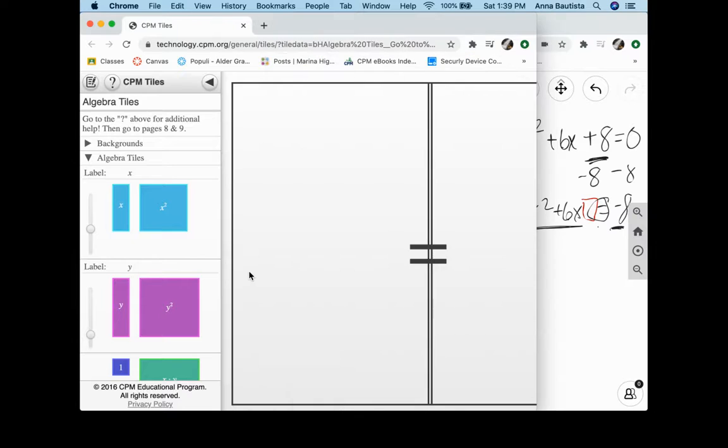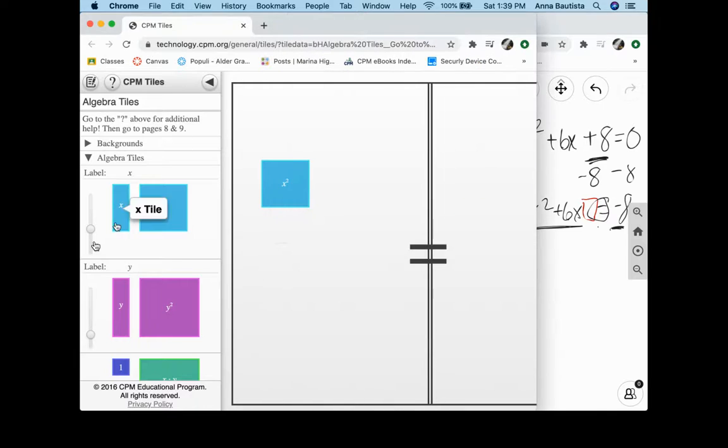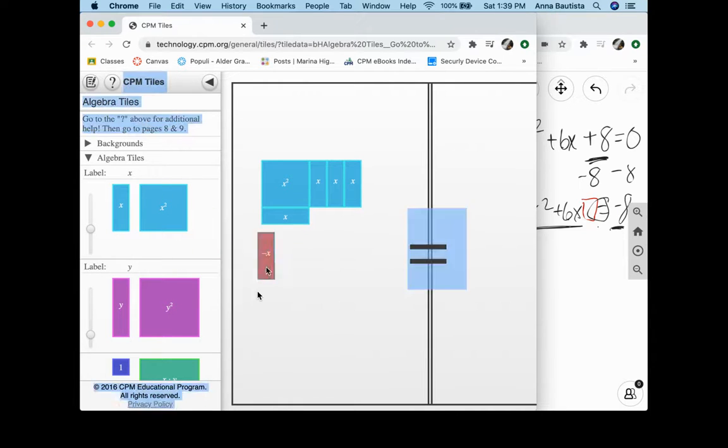So over here, we're going to put x squared. We know there's just 1 because there's no coefficient in front of it. We have plus 6x, so we're going to add 6x tiles over here. I'm going to put this one down here so that they kind of look even. If you double tap it, it flips, which is pretty cool. And then over here on this side, we're going to bring over 8 tiles.